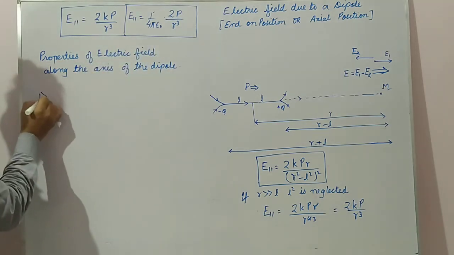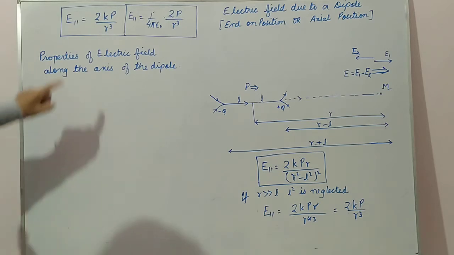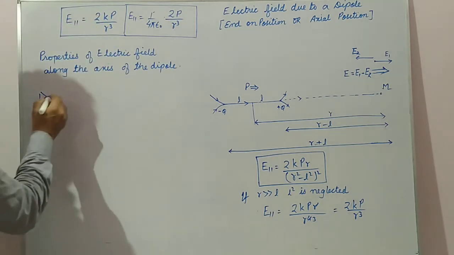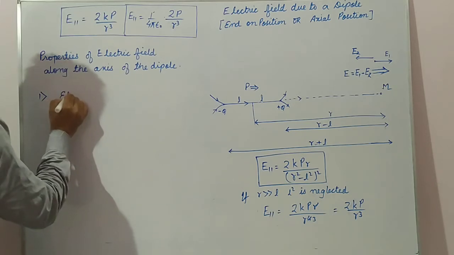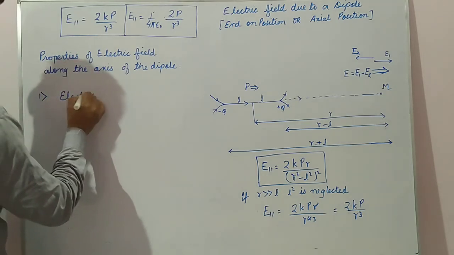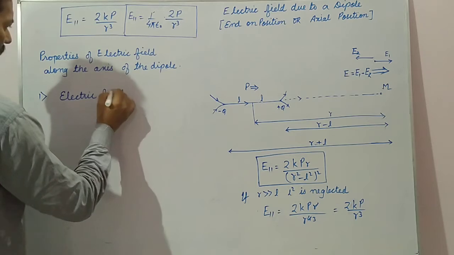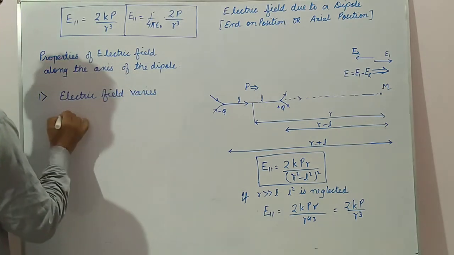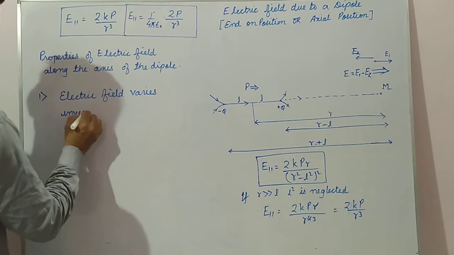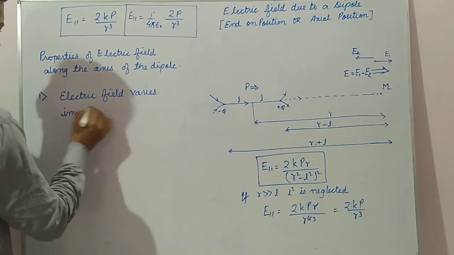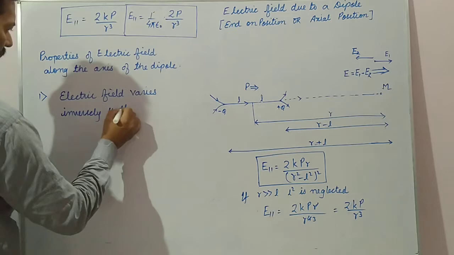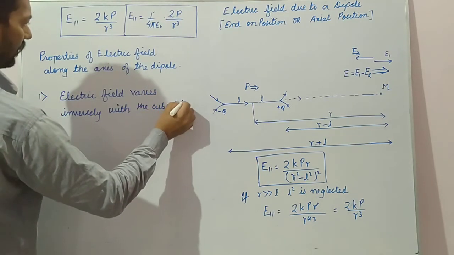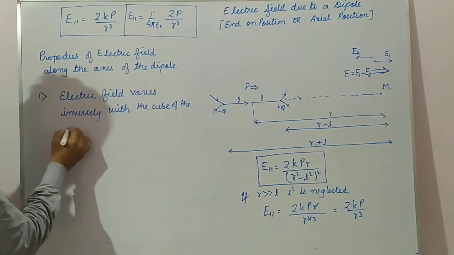First point we can conclude from here: electric field varies inversely with the cube of the distance.